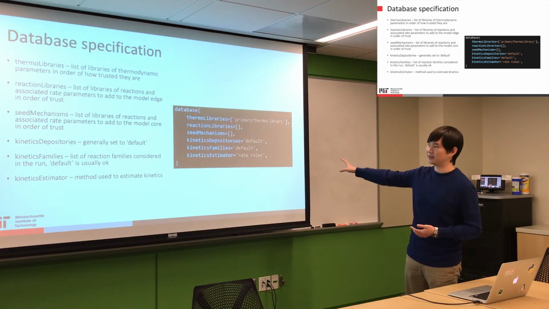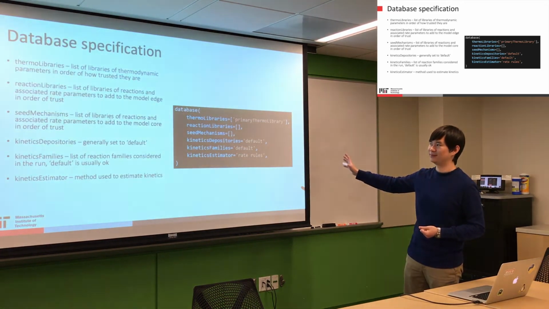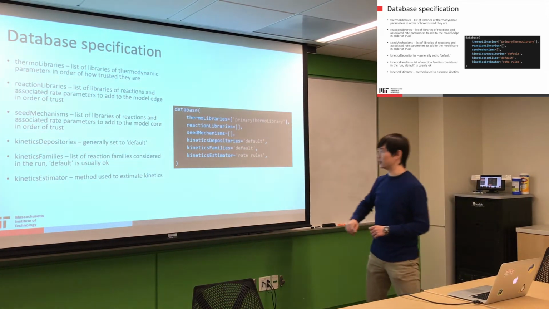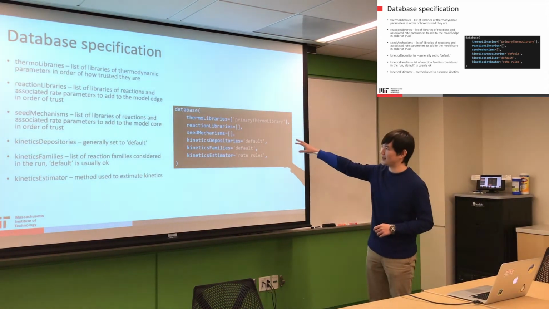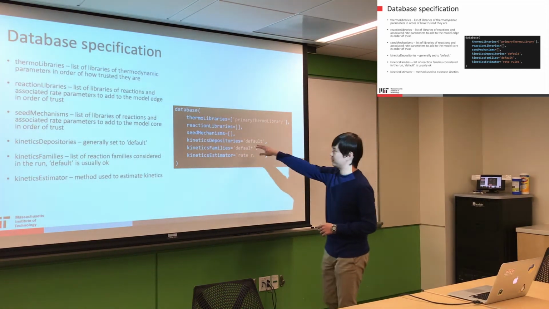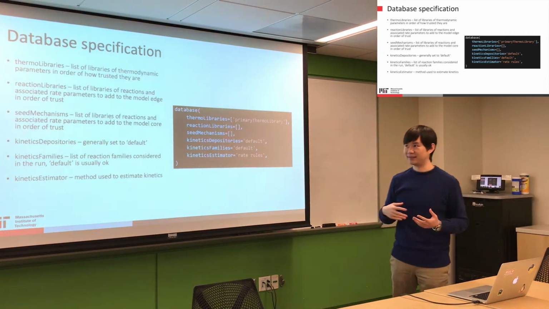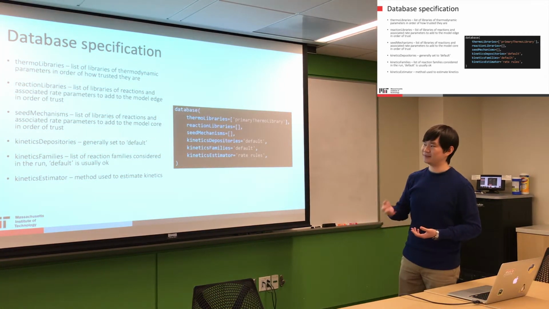This lets you specify which of those you want, except for group additivity, which is always there by default. So you can specify which thermo libraries you want, which reaction libraries. Seed mechanisms are actually the same thing, as the libraries themselves are the same as the reaction libraries.